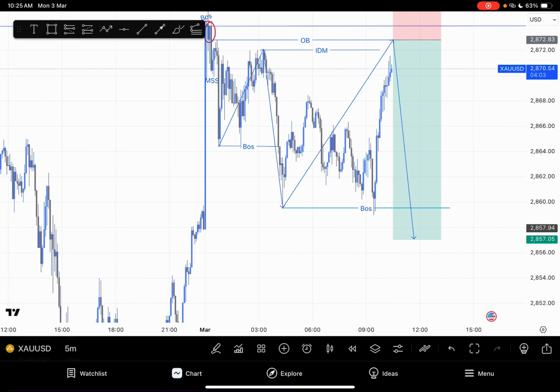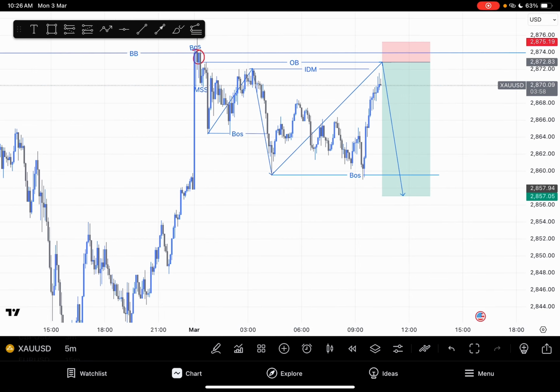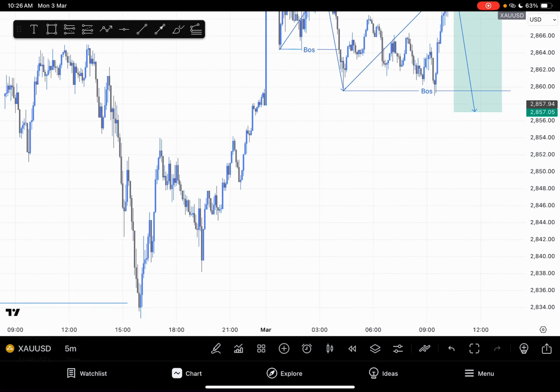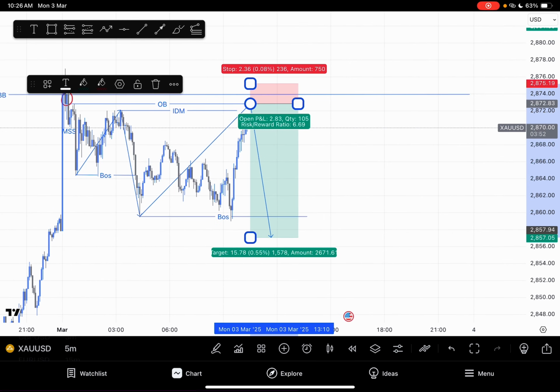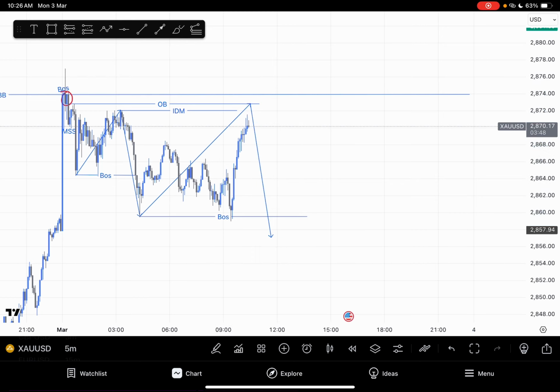So you expect price to mitigate the order block, then move to the downside again, creating a final break of structure just like that. So this is how you can always take your entries using this kind of setups.